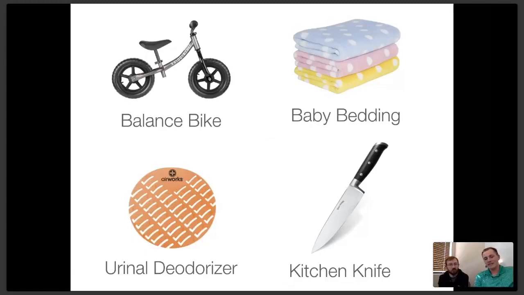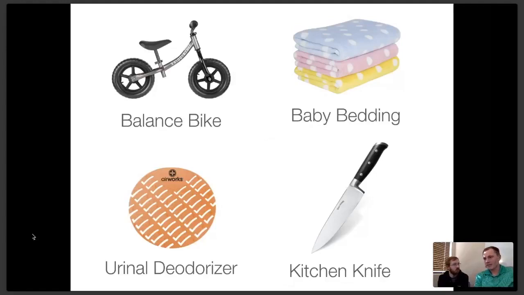And as we ran some tests through one of our first beta launches of Jaguar AI, one of the products that kicked out to us and caught us all scratching our heads were these urinal deodorizers. The reason why was, at the time, there were a lot of these cool, what we call sexy products on Amazon that were making hundreds of thousands of dollars and selling like crazy.